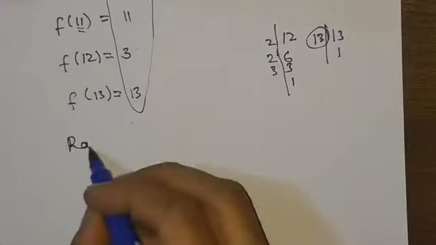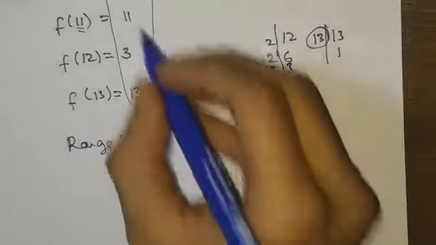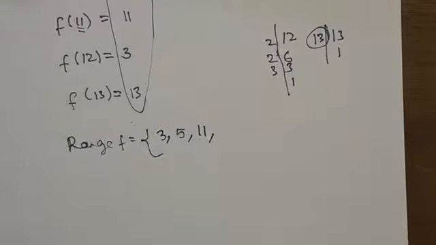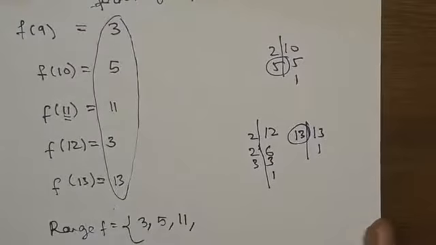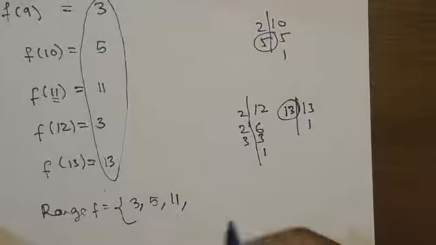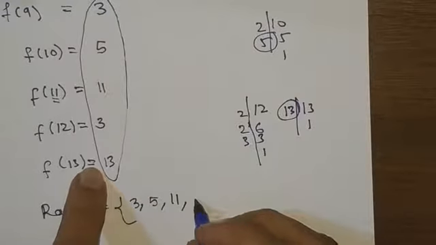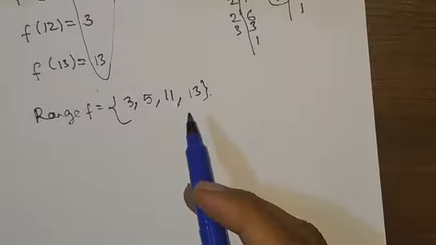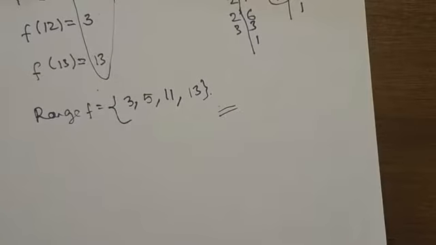So range of f will be equal to 3, 5, 11, 3, but we have already written 3, right? So the next value is 13. So range of f is equal to 3, 5, 11, 13. That was problem number 12.